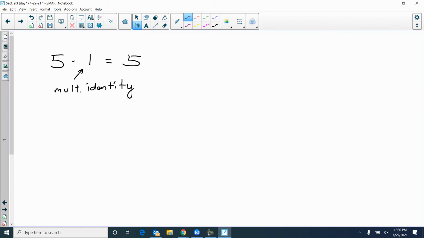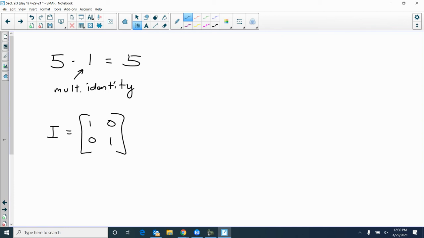That is when you take something times the original, you get back the original. For matrices, we label it with an I. For a 2 by 2, it is 1, 0, 0, 1. That is the identity. If I take that times another 2 by 2, I get back the same thing.